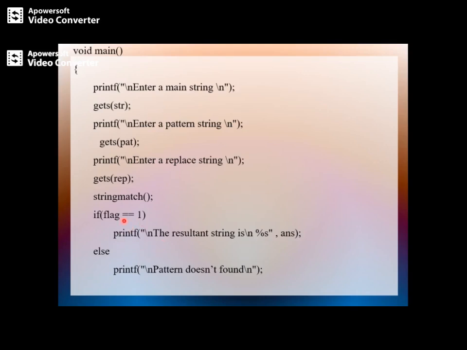Suppose the flag is not set, you have not found the pattern at all. In that case, you're going to tell the user the pattern is not found. Then close the main with the bracket.